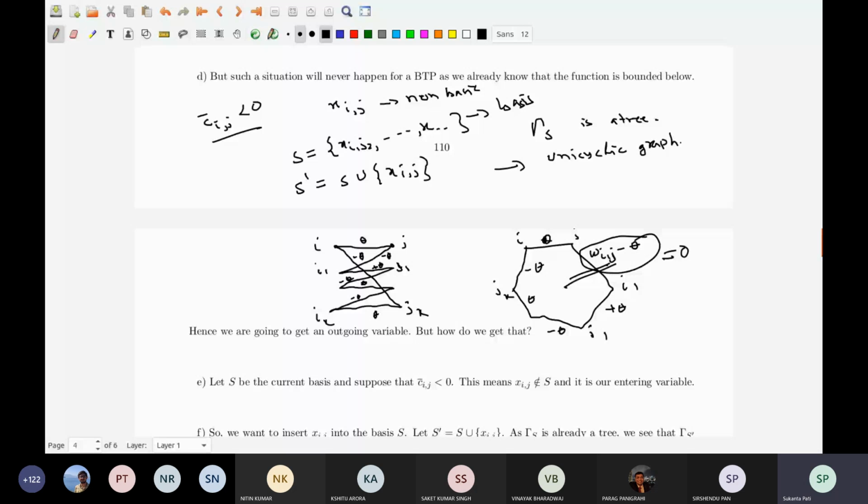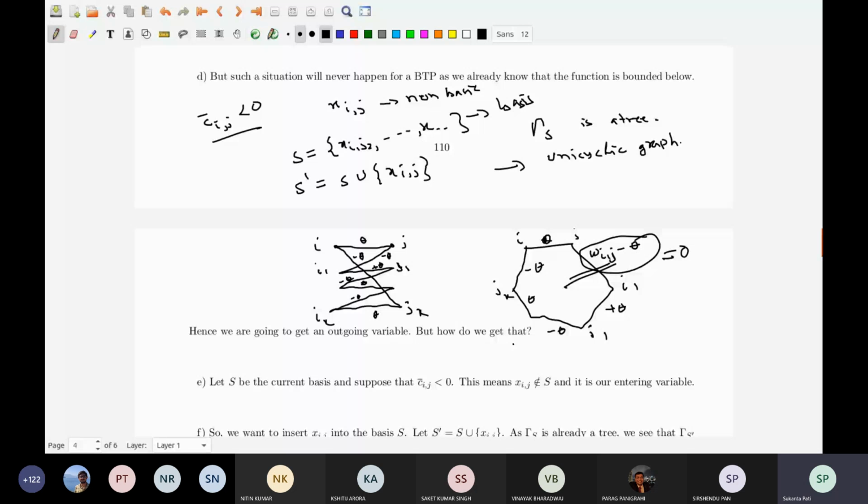So earlier you had a tree, you added one edge and you deleted one more edge from the cycle itself. Therefore, the resulting graph will also be a tree, and hence this is how you get your new BFS.